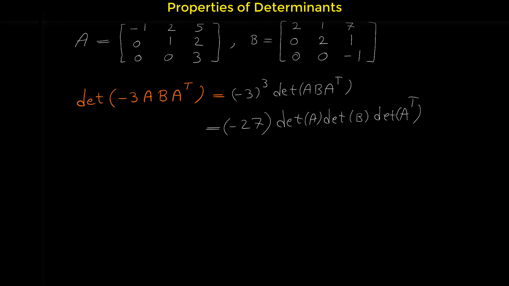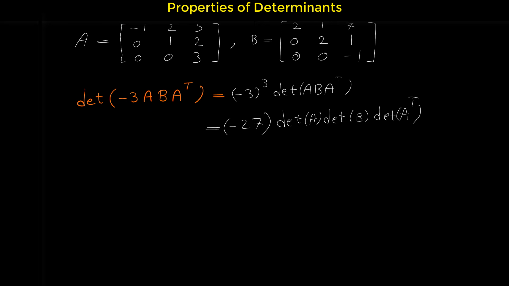This is an upper triangular matrix because all the terms below the diagonal are 0. And when we have an upper triangular matrix, the determinant is the product of the elements of the diagonal. We know this from the previous video.